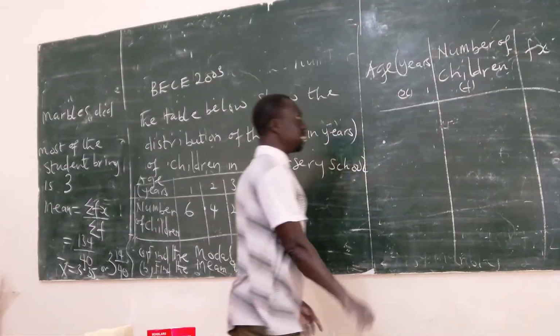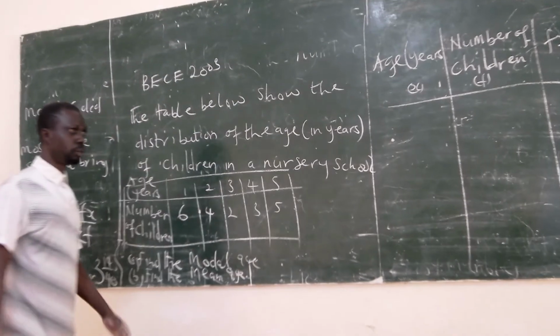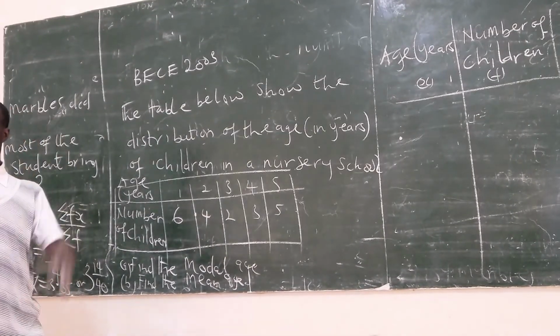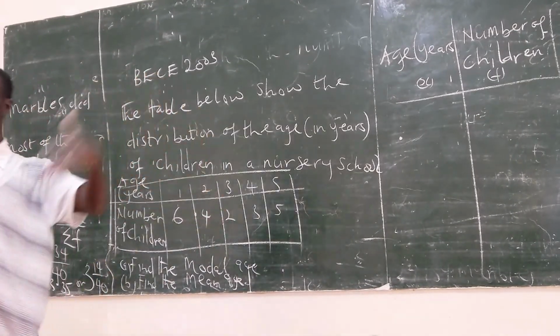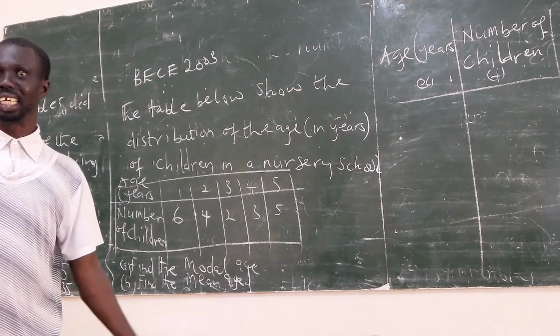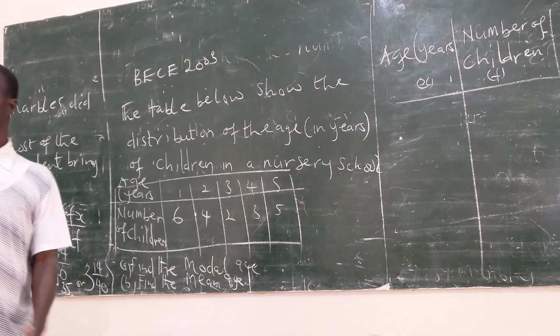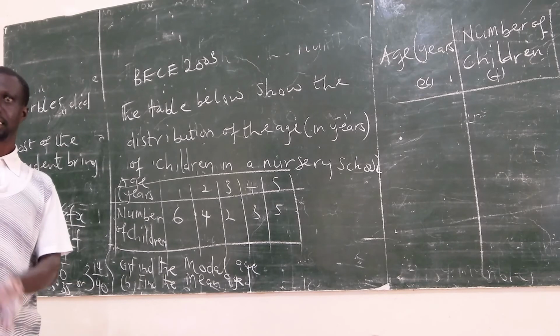When I'm reading this number into the frequency distribution, we start from smaller numbers to the larger numbers, ascending, not descending. It means from smallest to the largest.